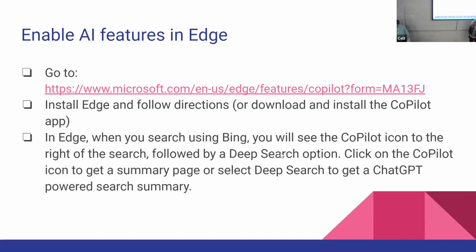And if you do a deep search, you're getting directly a ChatGPT powered search summary. And if you open Copilot, you have access to basically ChatGPT through Microsoft's version, because Microsoft dumped hundreds of millions of dollars into OpenAI and has the rights to use it in their Copilot version.